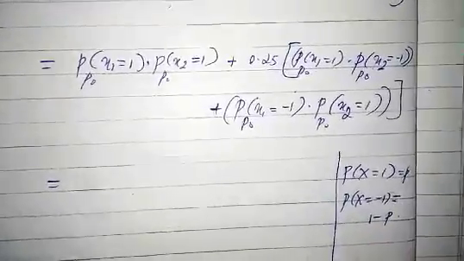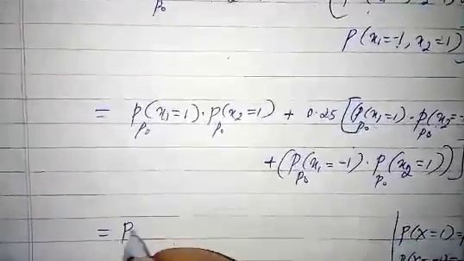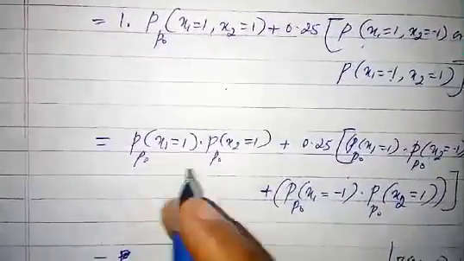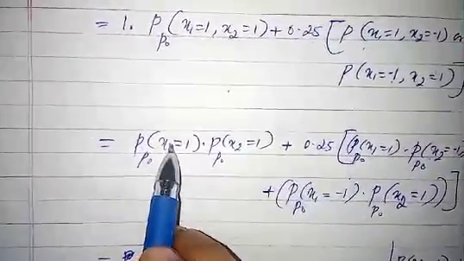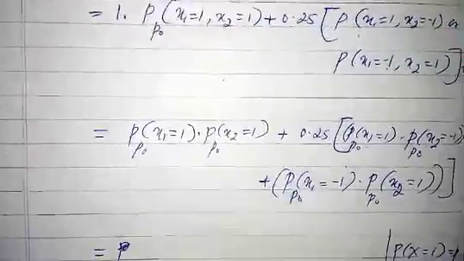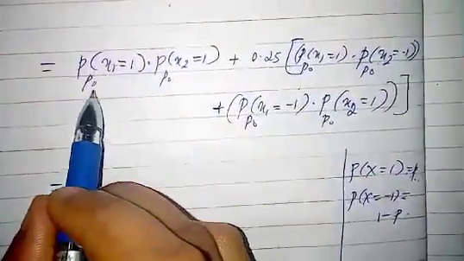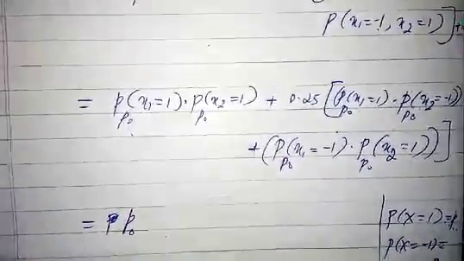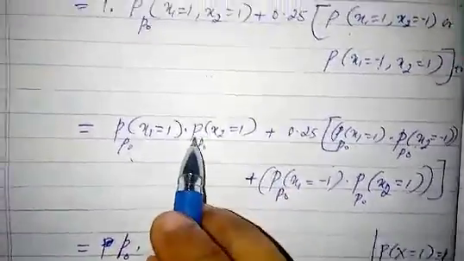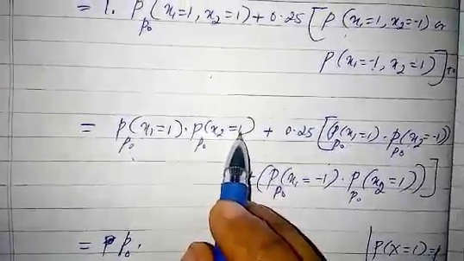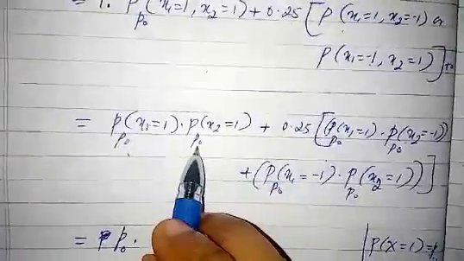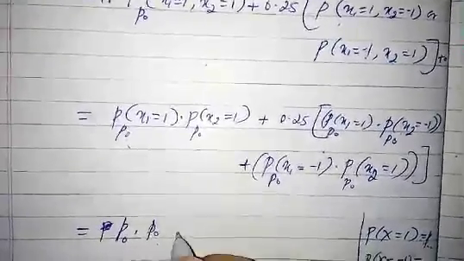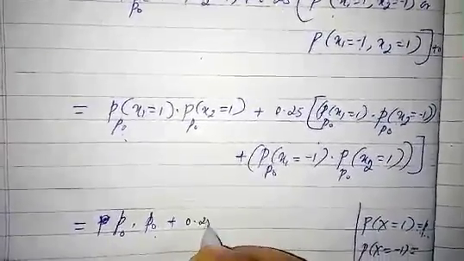So the probability of x1 equal to 1 under p naught is p naught. Also, the probability of x2 equal to 1 is p, and under p naught, instead of p we write p naught. Plus 0.25.